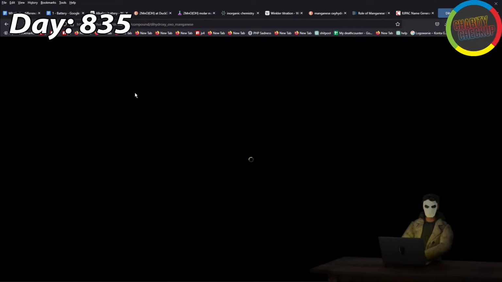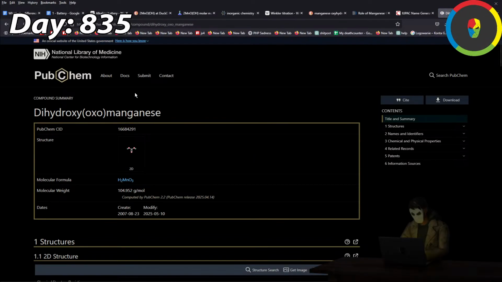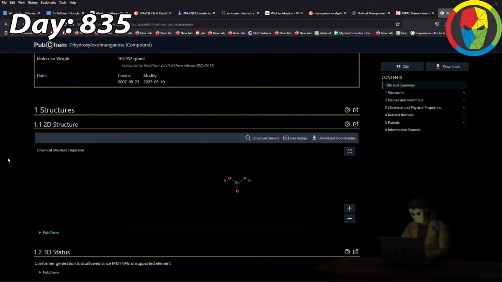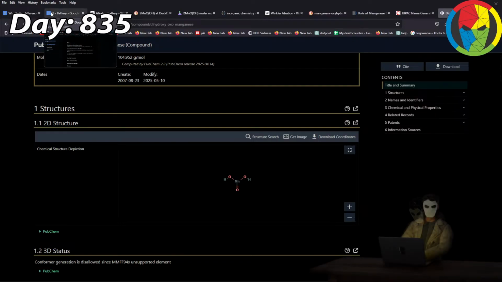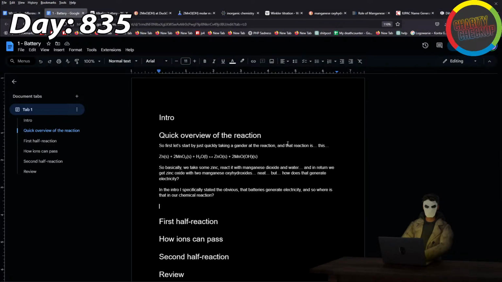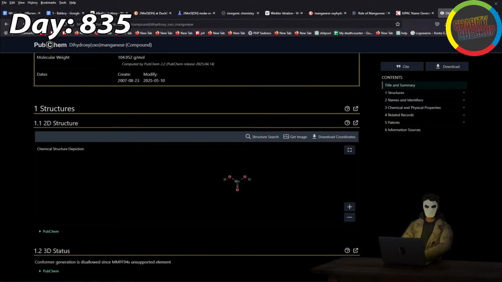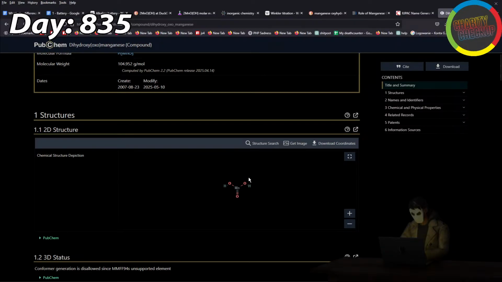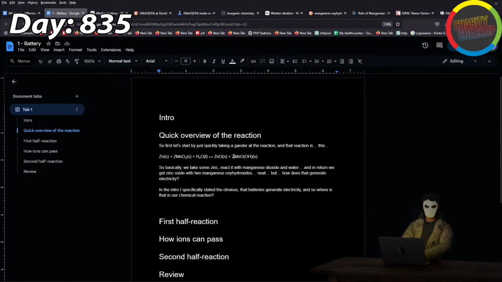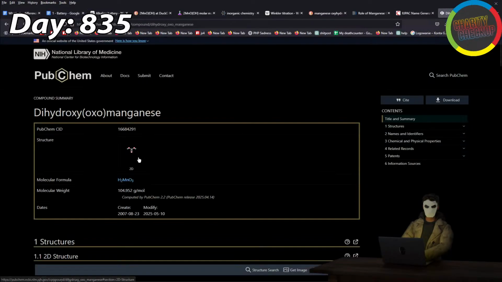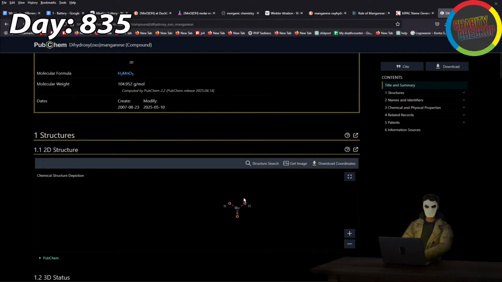That is a different thing, I think? Or is it? Looks like a different thing, because right here, that's two... Yeah, that is a different thing. Right here we have two molecules, so it's manganese, 2 oxygens, and a hydrogen. And right here we have manganese, 3 oxygens, and 2 hydrogens.